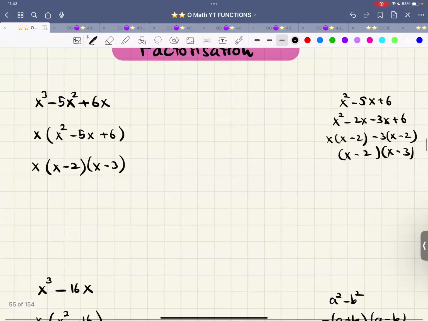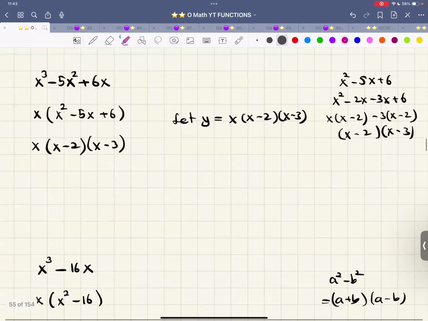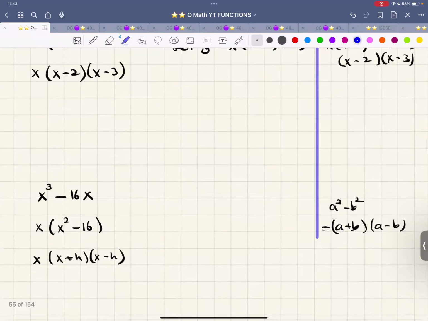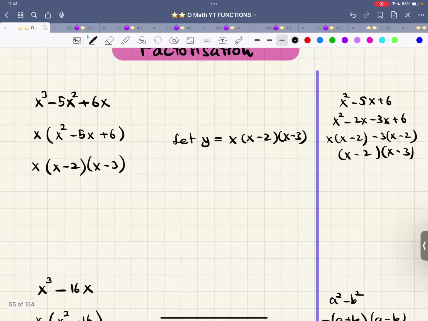Now, if I say let y equals x bracket x minus 2, x minus 3. So now this is extra stuff that I've done over here. Let me just draw a line like this so that this is shielded. And if I'm looking for x intercepts, that means y is equal to 0. So therefore, x bracket x minus 2, x minus 3 equals 0.